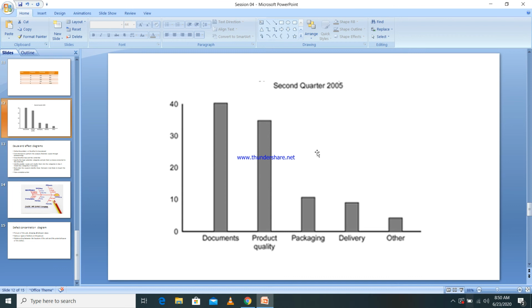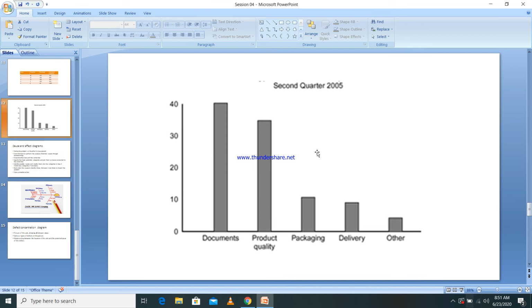So if packaging, delivery, product quality, document, and other types of courses are all equally important, it is okay to draw your Pareto diagram like this. In that case, you can identify the major causes. But if they are not equally important, this will mislead us, right?